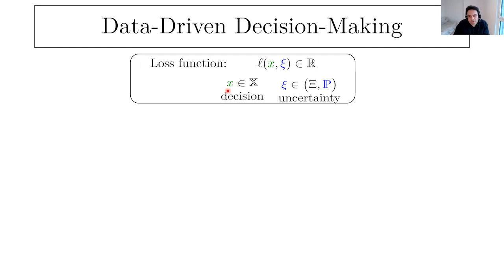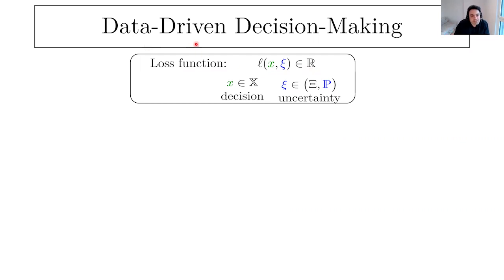Then we also have some uncertainty that we typically do not know exactly at the time of the decision. I show it with this psi variable. From a mathematical perspective, we treat it as a random variable whose distribution describes its behavior. And finally, in all decision making, there is a loss function that we care about. The loss function is a function of these 2 variables and delivers some real value. That's how we measure our satisfaction about decision making.